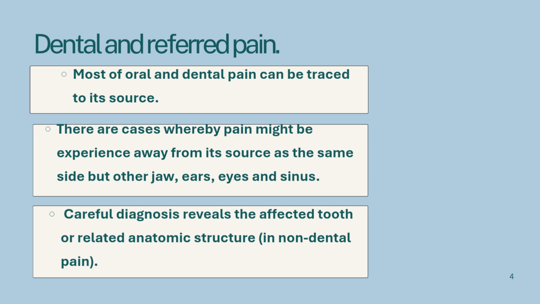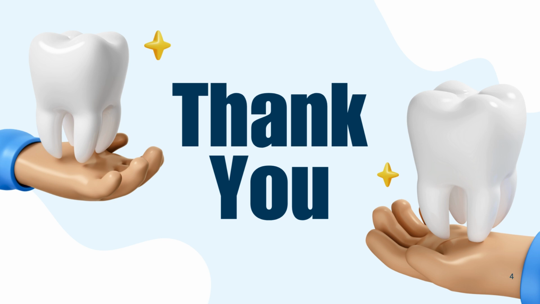So you have to make sure that you make a careful diagnosis that would reveal the affected tooth or related anatomic structure and non-dental pain. Thank you very much, and I wish you the best of luck.